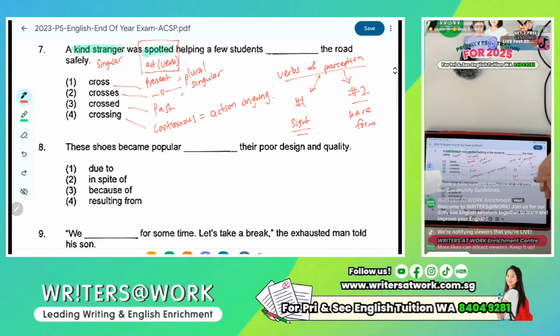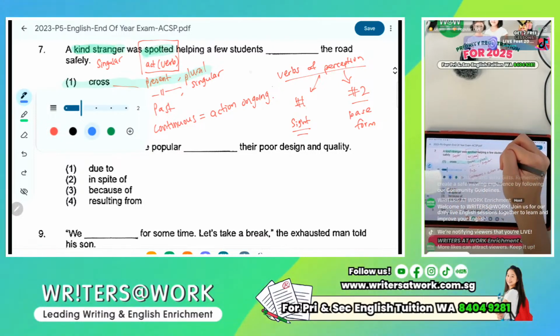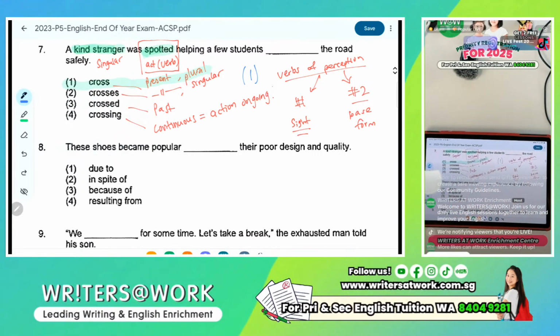So for this case, the base form would be to cross. Okay? And that would be the answer. So the answer is number 1, not number 3.